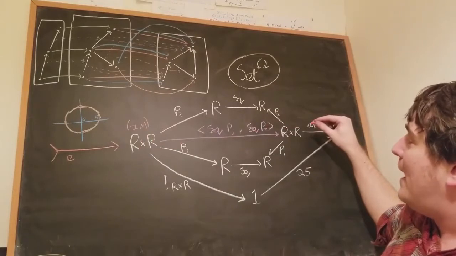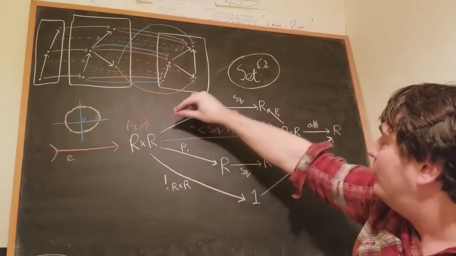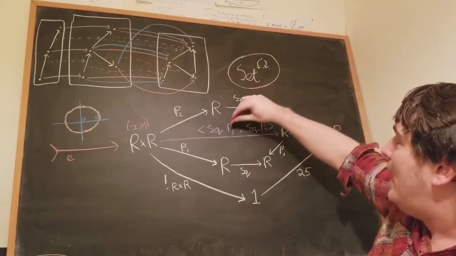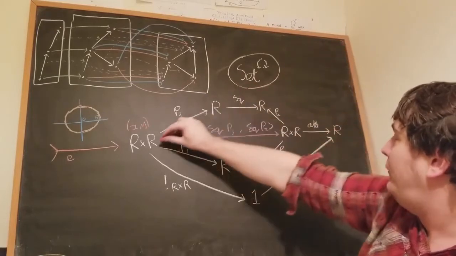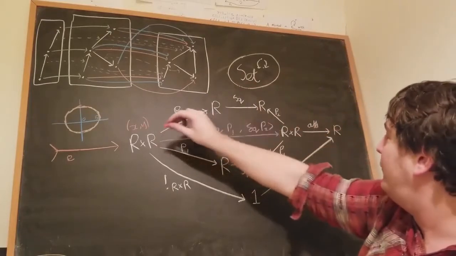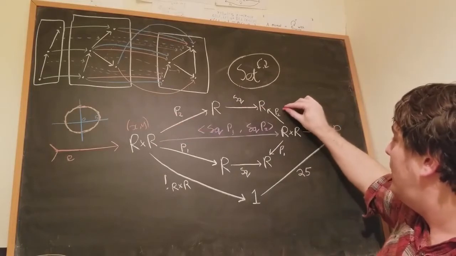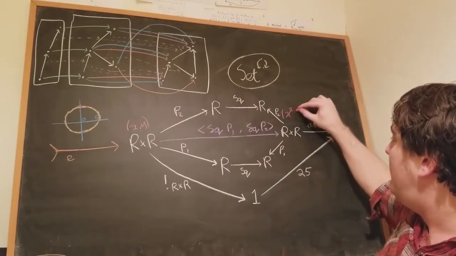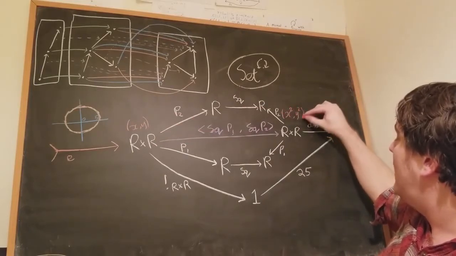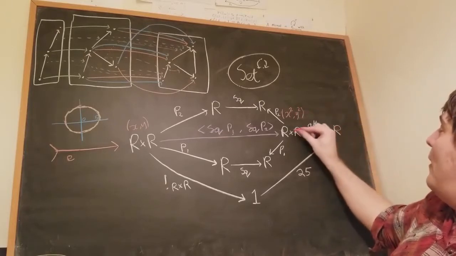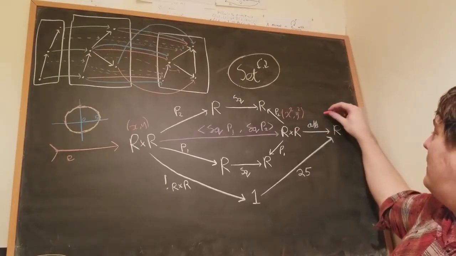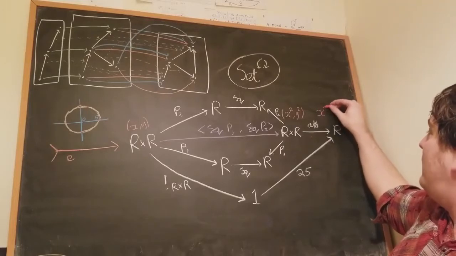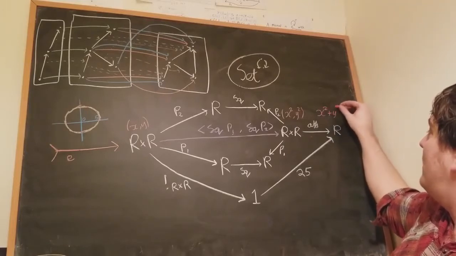Well, this purple function sends x and y to x squared, y squared, and then let's say this arrow adds these two together, so we get x squared plus y squared.